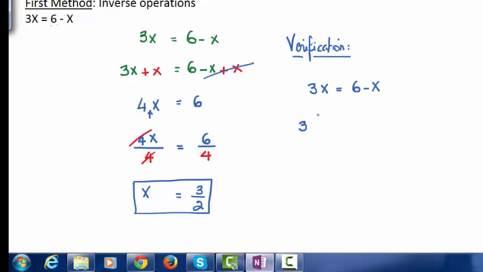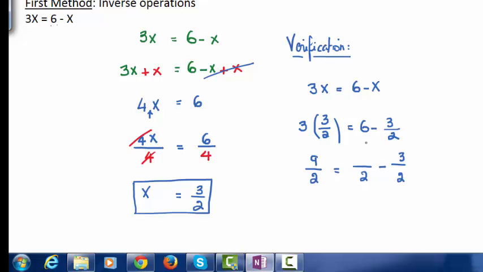So 3 times 3 over 2 equals 6 minus 3 over 2. So 3 times 3 equals 9, 9 over 2 equals 6 minus 3 over 2. You know, in fractions you need to have the same denominator. So 3 over 2 is going to stay as it is.